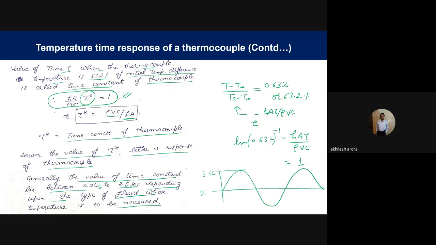If our thermocouple has a good time constant, and suppose the time taken by the fluid to go from 2 to 3.5 degrees Celsius is say 10 seconds, then if my thermocouple has a time constant between 0.04 seconds and 2.5 seconds, that is good enough, because the time constant of the thermocouple is less than 10 seconds, so it would be able to measure this temperature variation quite easily.